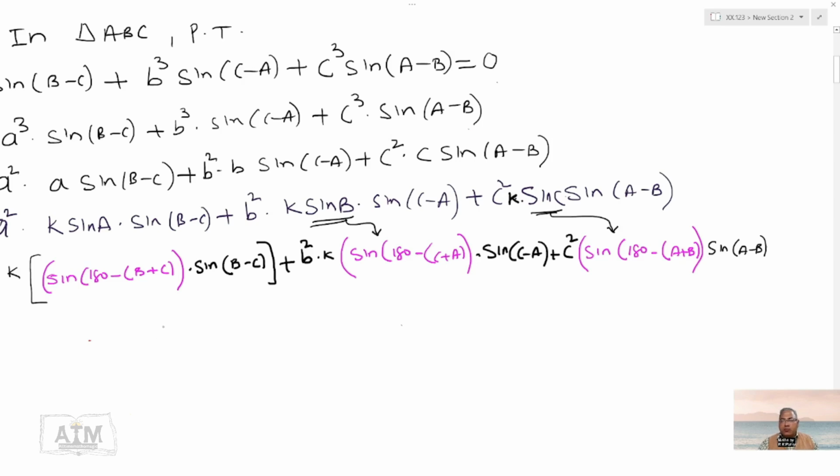Now let us recall a formula from basic trigonometry, that is sine 180 minus theta equals to sine theta.